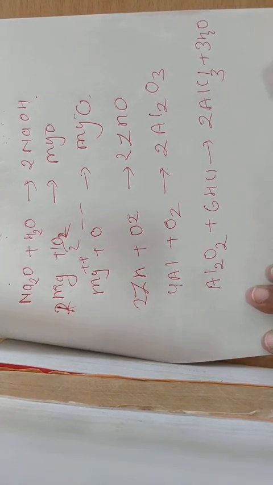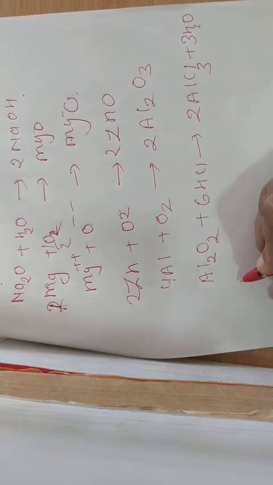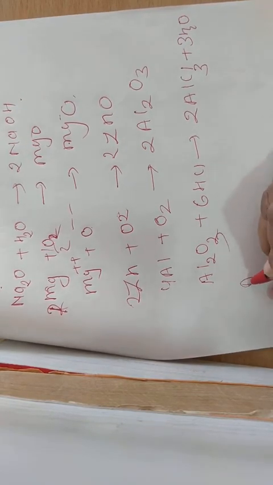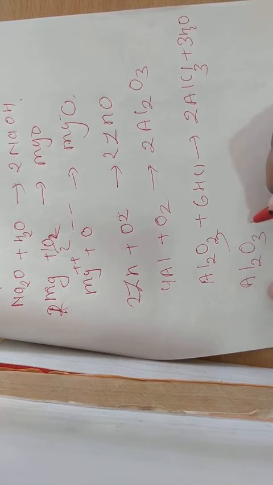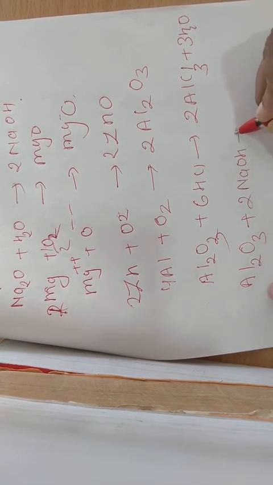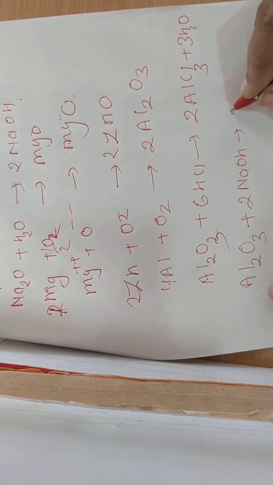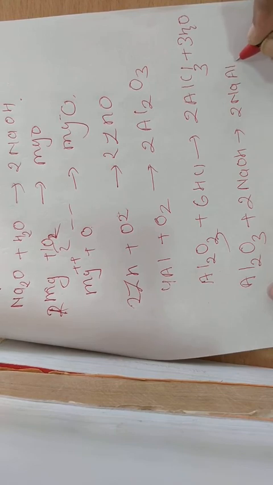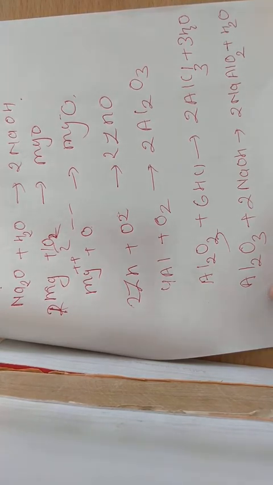On the other hand, if you take Al2O3 with NaOH, as we have done earlier, you will form 2NaAlO2, sodium meta-aluminate, along with 1 mole of water. These are the reactions of metals with air.